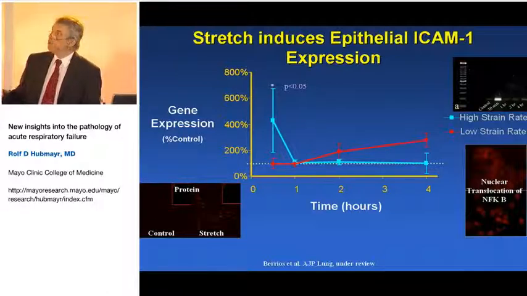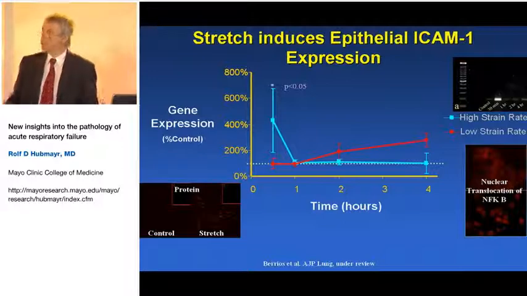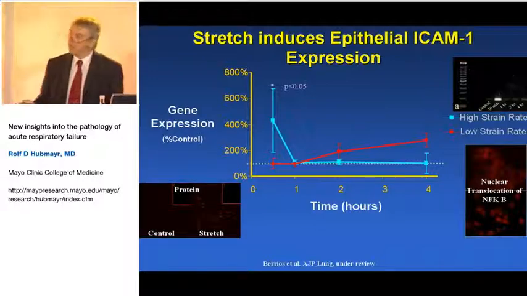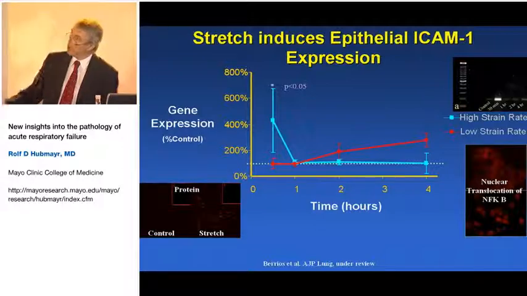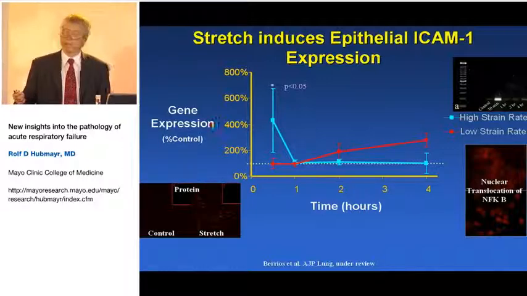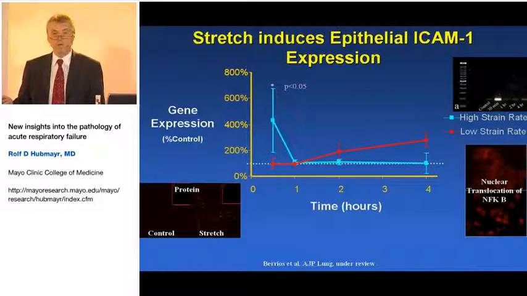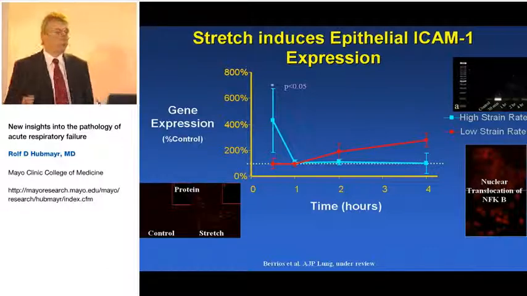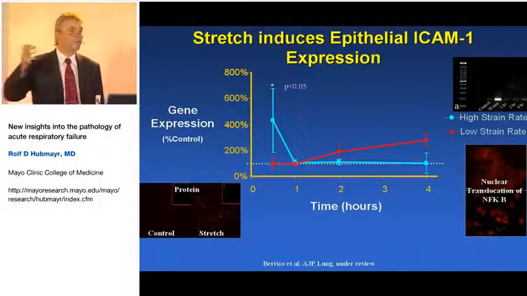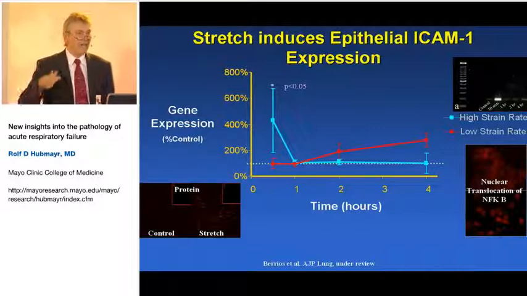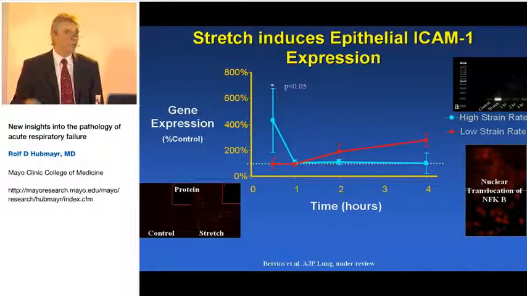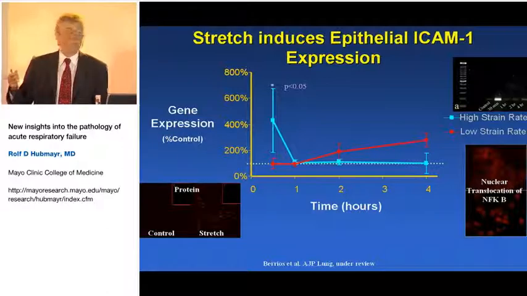This brings me to this slide here, which Jorge Barrios stretched alveolar epithelial cells and looked at the response in terms of ICAM1 expression as a readout of pro-inflammatory signaling. ICAM1 is an adhesion molecule. It's in the family of immune globulins, and it's in endothelial cell.